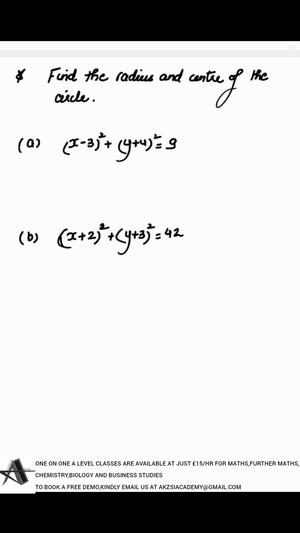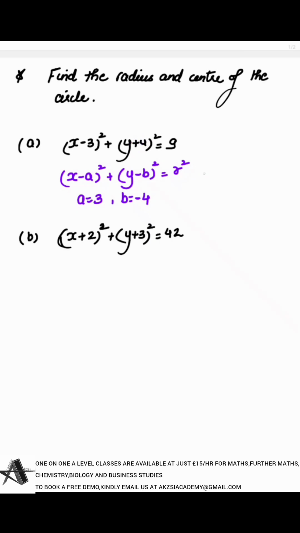As I told you, the standard equation is (x minus a) whole squared plus (y minus b) whole squared equals r squared. On comparing, I get that a is 3 and b is negative 4, because it's positive here and here it's negative. That means 4 is obviously negative.